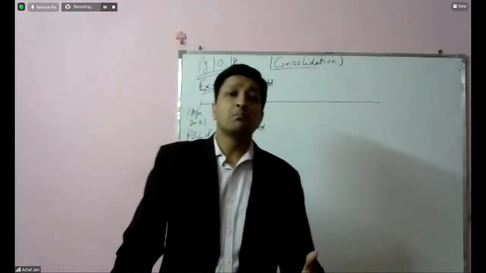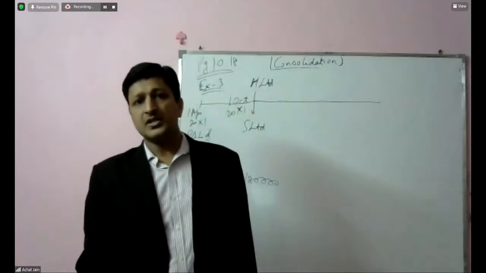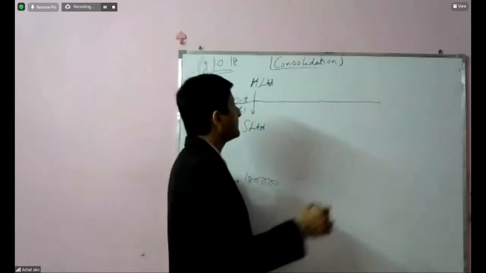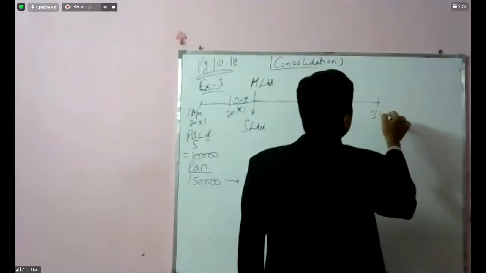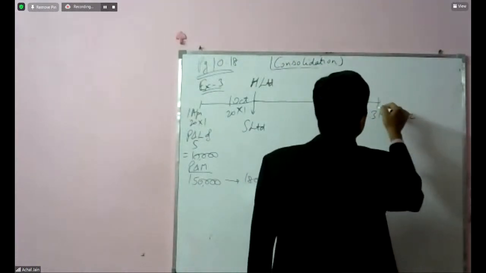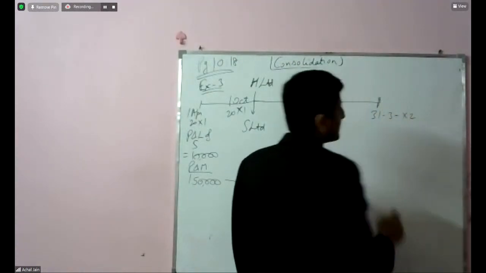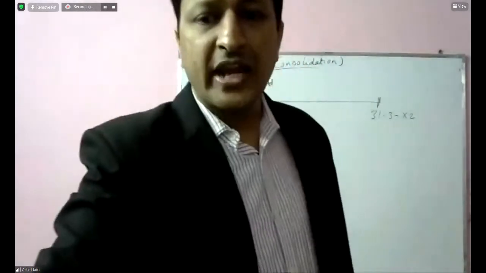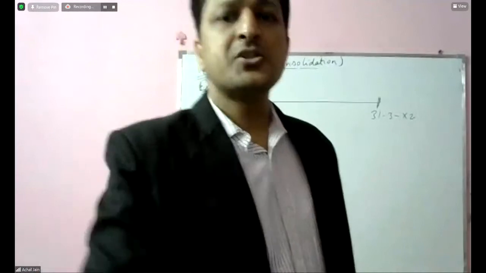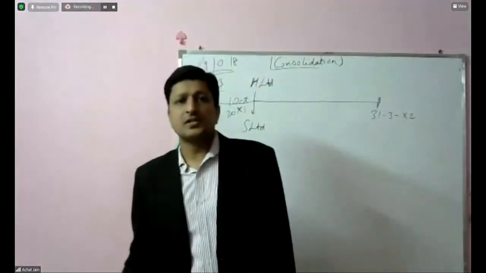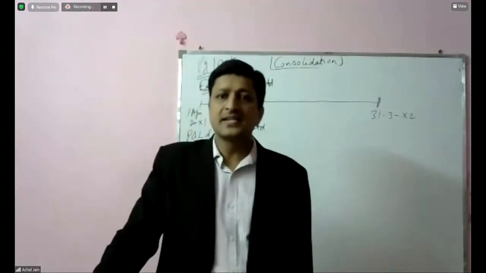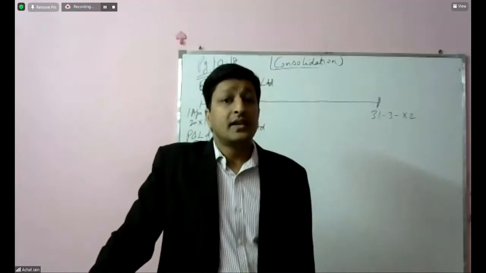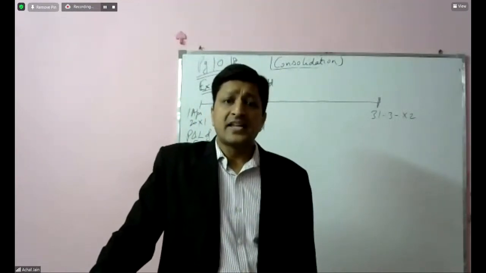Then we have some more information about these two companies as at the year end. On 31st March X2, additional information is available about both the companies, H and S: their share capital, their general reserves, P&L balance, their liabilities, assets.